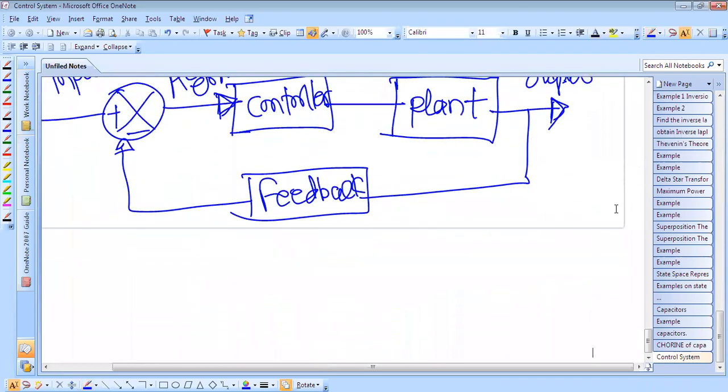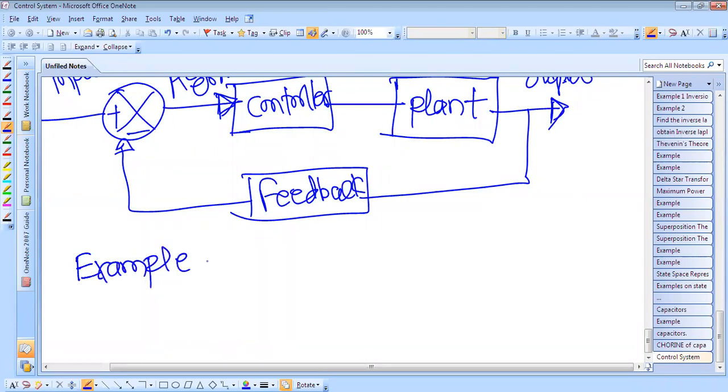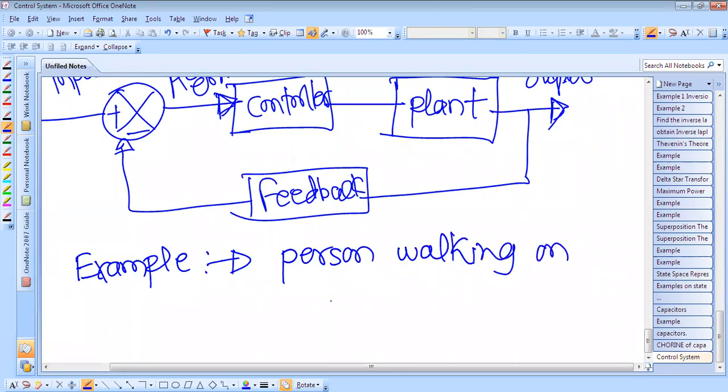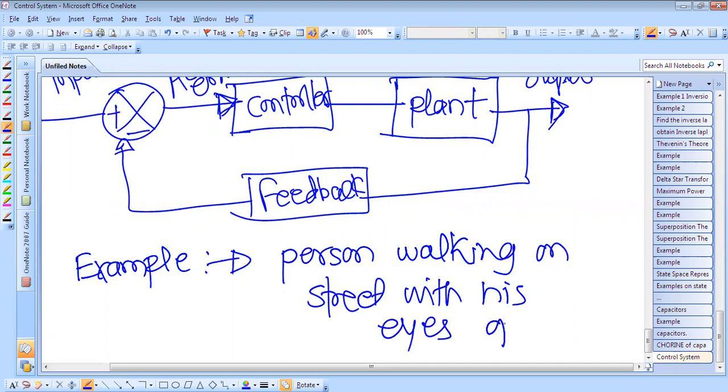Now, what are the examples of closed loop control systems? There are numerous examples. I will give one such example: a person walking on a street with his eyes open.